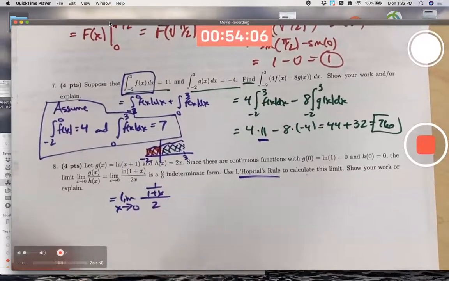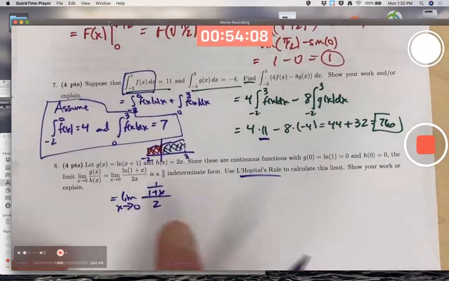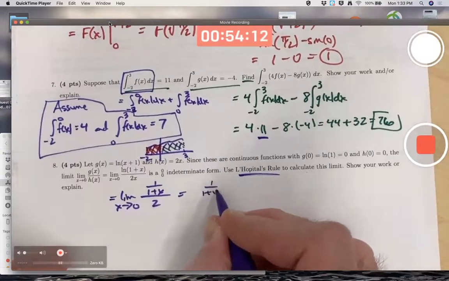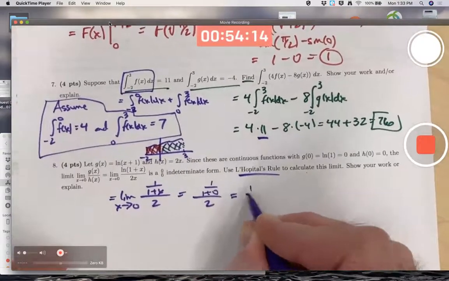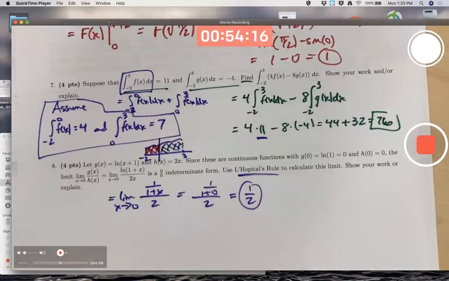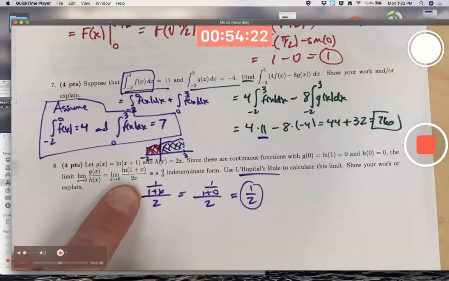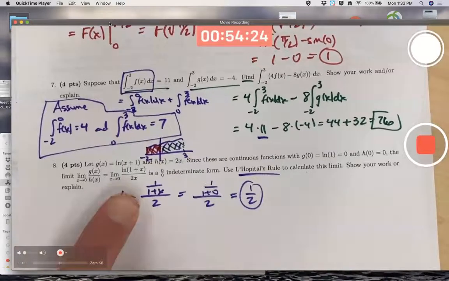Now, sometimes you have to use L'Hopital's rule again, but in this case, we don't. We can plug in x equals 0 here. It's a nice continuous function at 0, and the answer is 1/2. You could check that by graphing this function and seeing that it approaches 1/2 as x gets closer to 0.